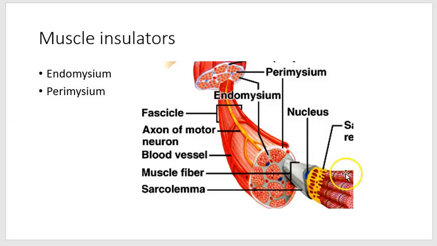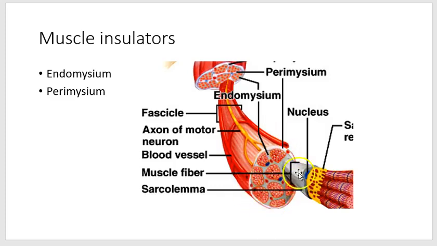If we look at the individual muscle right here, your muscle fibers, so those individual cells, you're going to have an endomysium. So you can see this endomysium keeping this muscle fiber separate from this muscle fiber, separate from this muscle fiber.